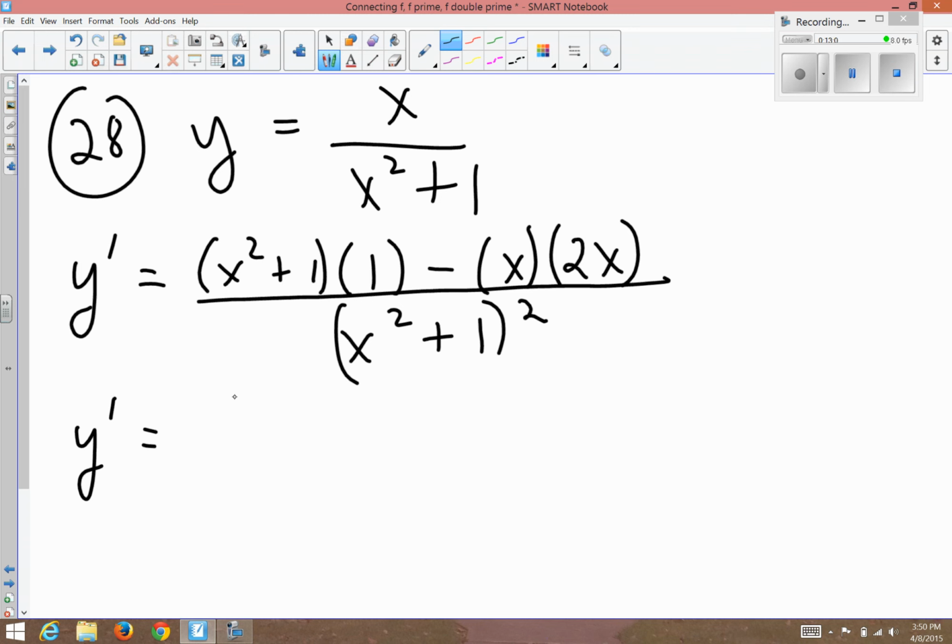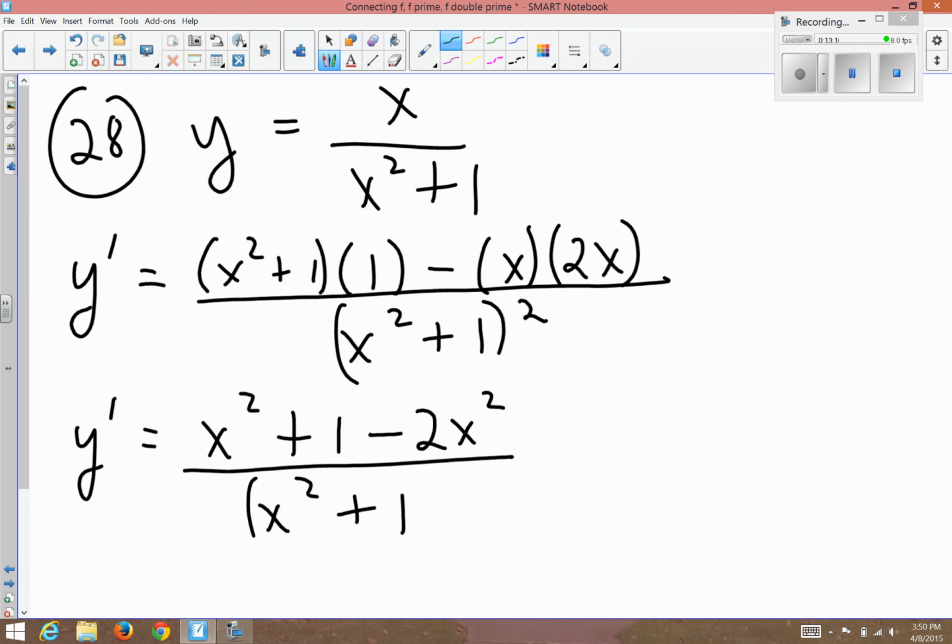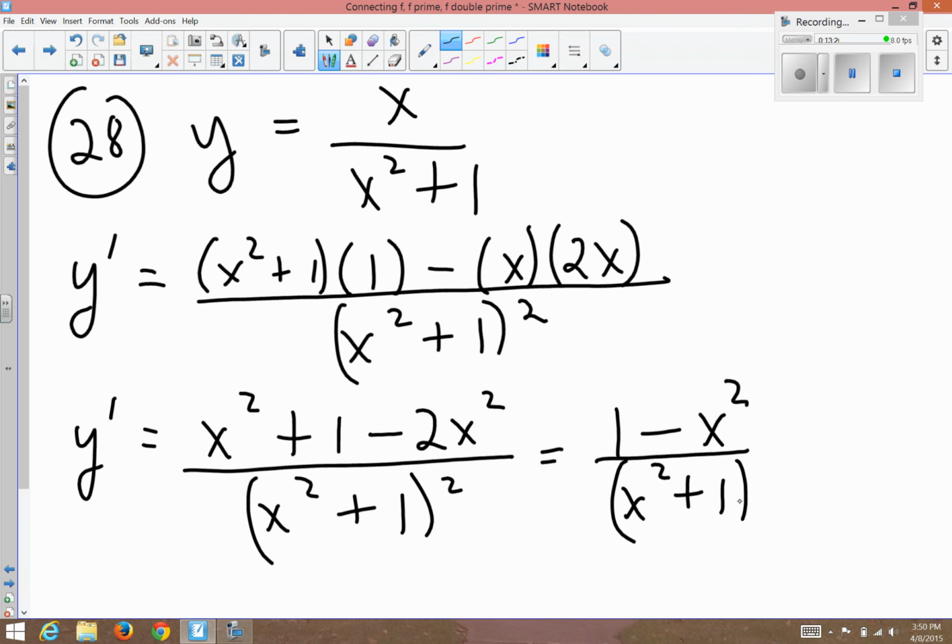So it's x squared plus 1 times 1 minus 2x squared all over x squared plus 1 squared, which is, combining like terms, 1 minus x squared all over x squared plus 1 squared, because x squared minus 2x squared is negative 1x squared.